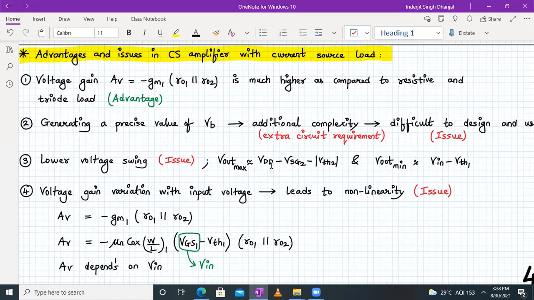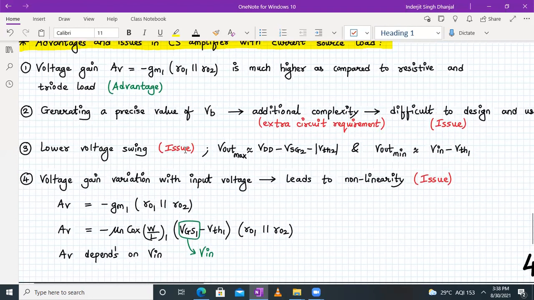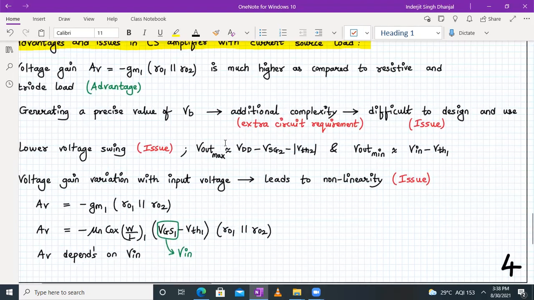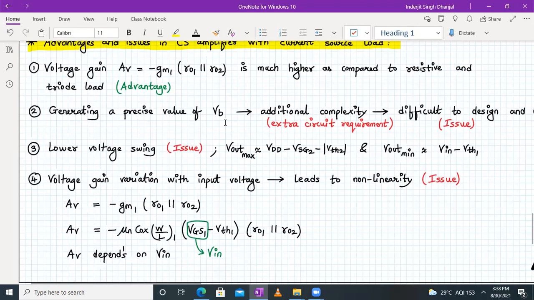We have not discussed triode load, we will be discussing this very soon. So the voltage gain is much higher compared to resistive load currently. Then disadvantage will be generating a precise value of VB. So that's an additional complexity, because extra circuit is required to generate that bias voltage, and which is difficult to design and use. That's a problem actually.